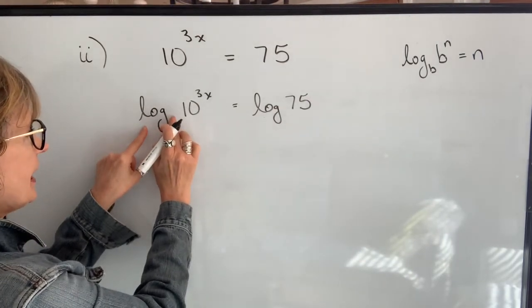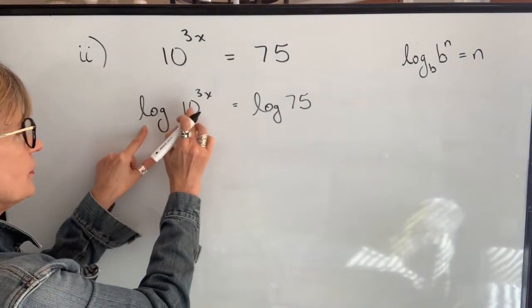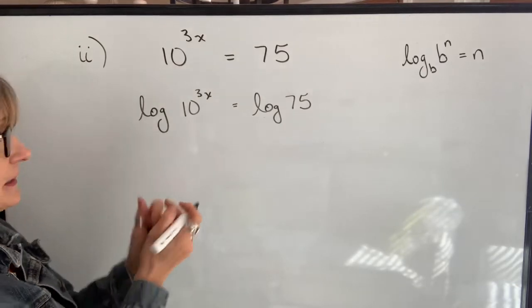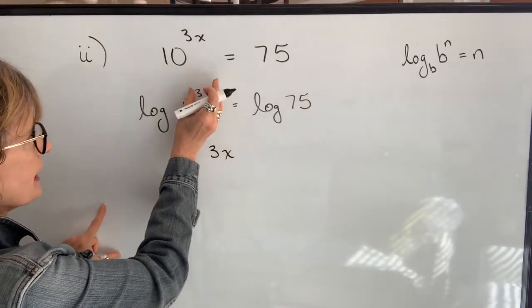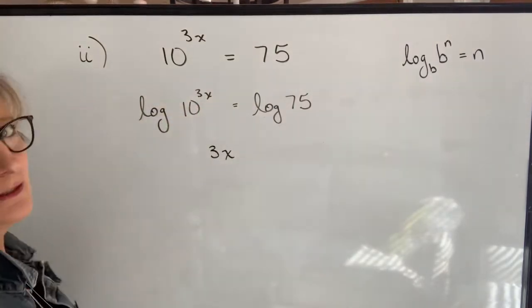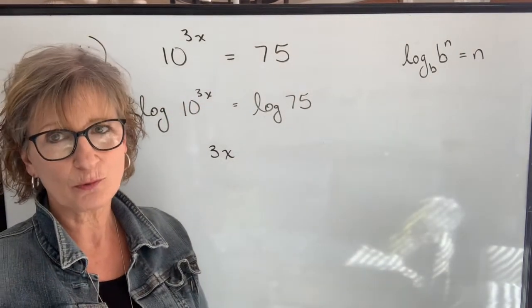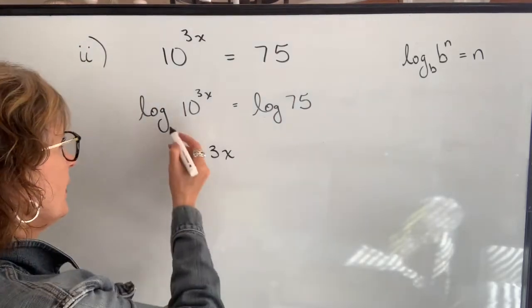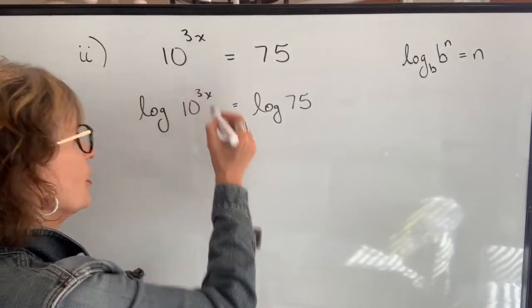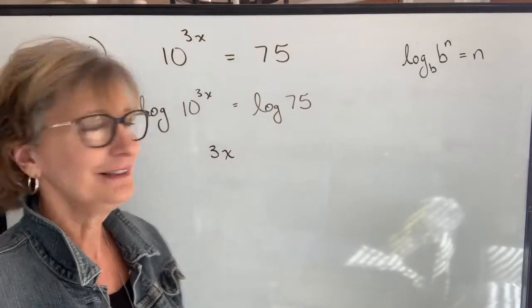My base is 10, so I'm saying what must 10 be raised to equal 10 to the 3x? That's just going to be 3x. If you want to think of it as 3x times the log of 10, and then understand log of 10 is equal to 1, that's another way of thinking about it, so 3x times 1. Either way, the log of 10 to whatever will equal that whatever, okay?